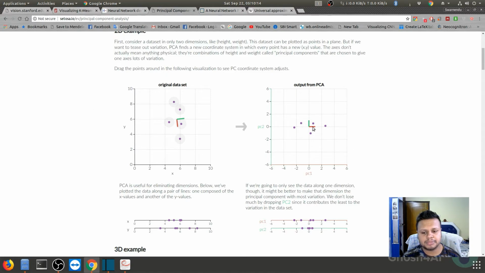When we are drawing the principal component, you'll see that the first principal component is drawn in a way such that there is maximum separation among the points, and the second principal component has the second maximum separation among the points. No matter how we change the samples, it will always follow this trend where there is a maximum distance between the samples in the first principal component and the second maximum in the second principal component.